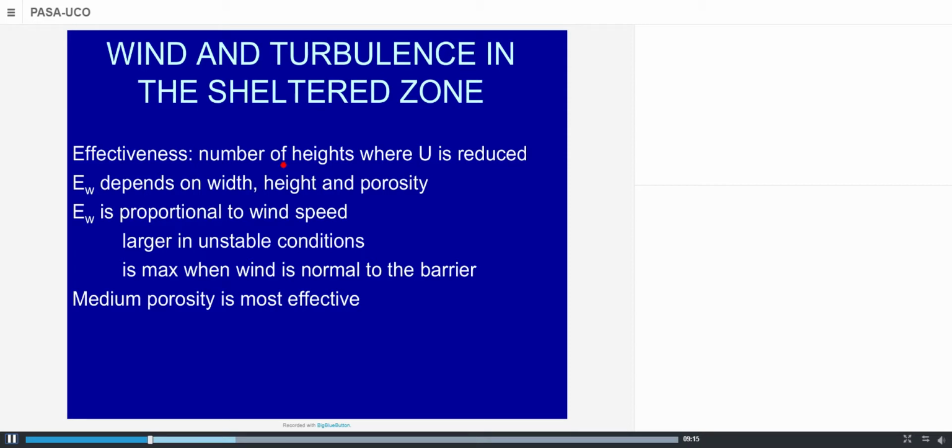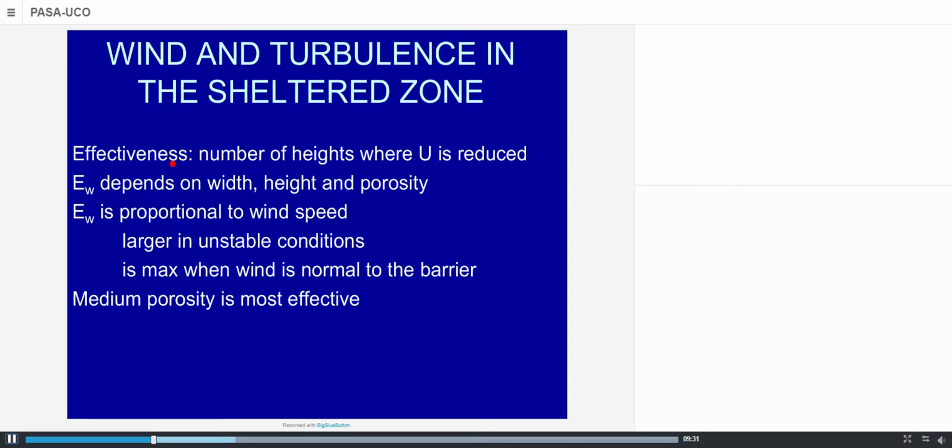In other words, if you have a windbreak of 10 meters height and it protects across 100 meters, the number of heights is 10.